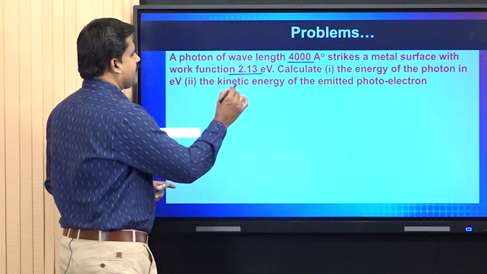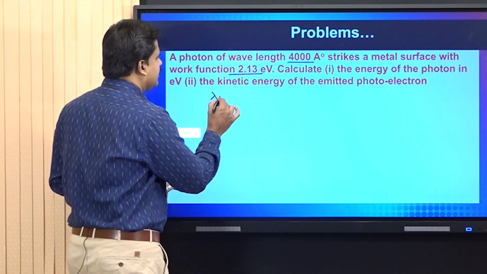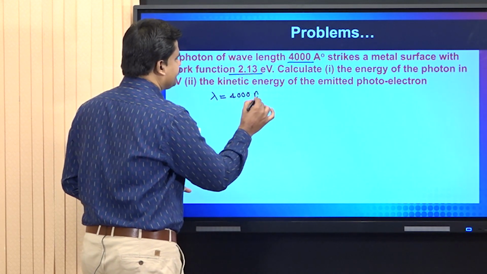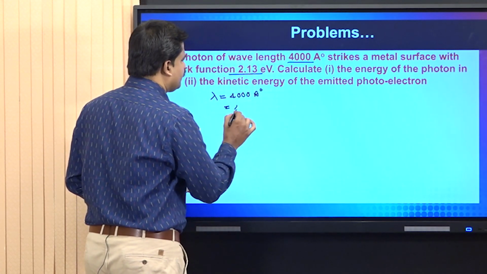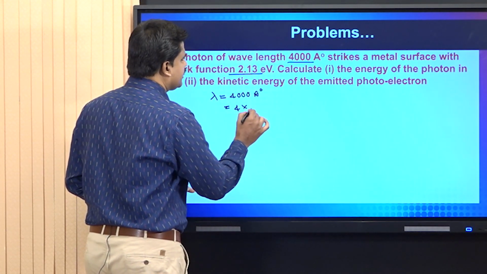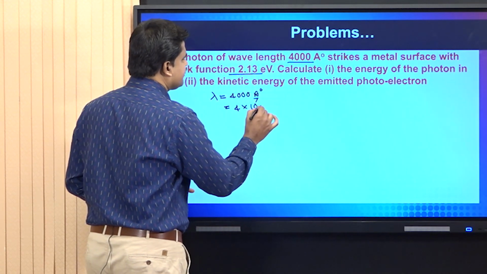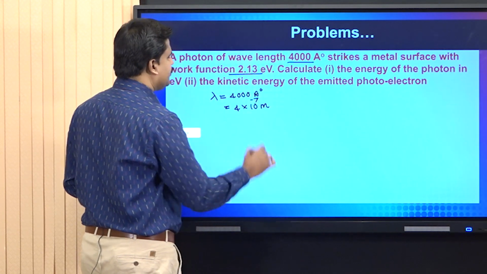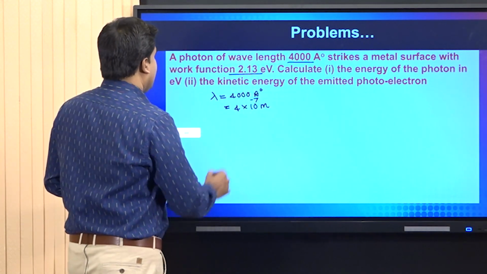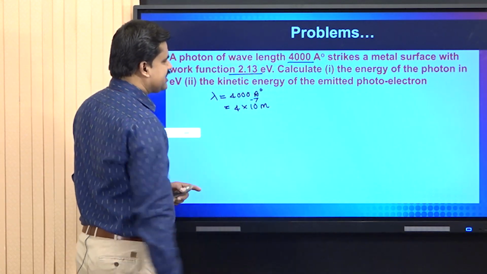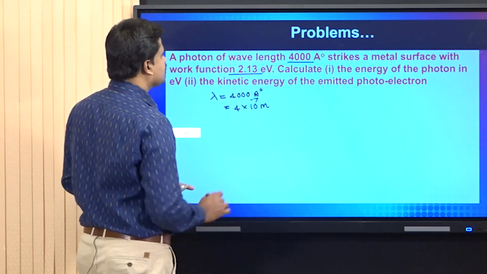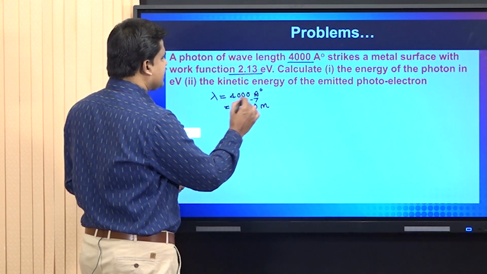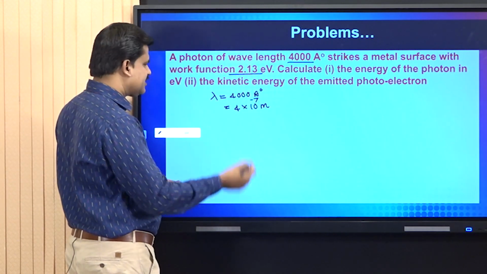First of all, the incident wavelength lambda is 4000 angstrom, that is 4 into 10 raised to minus 7 meter. On suitable substitution, lambda can be converted to energy.